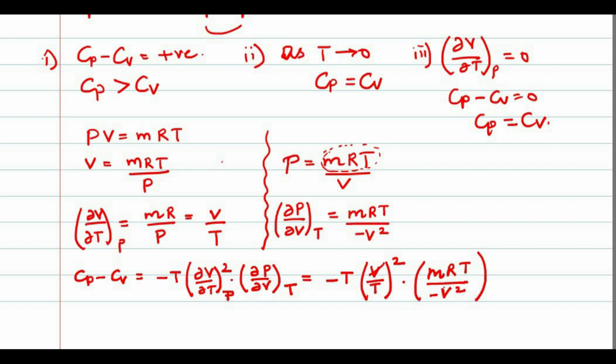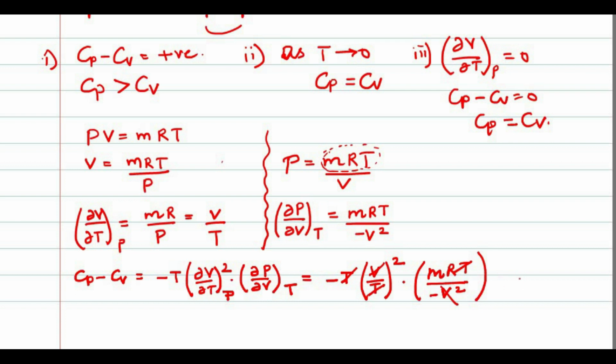So V square gets cancelled, and temperature I am having square. So this temperature and this temperature gets cancelled.